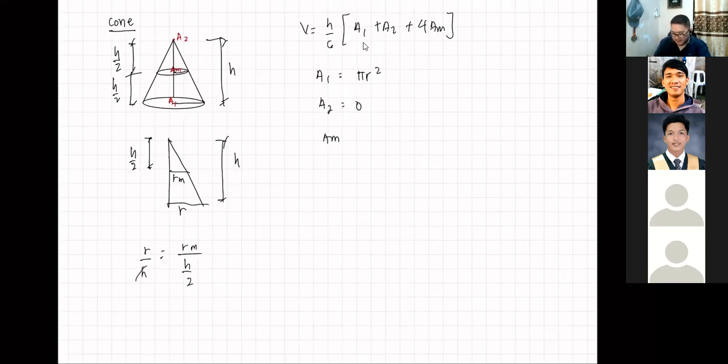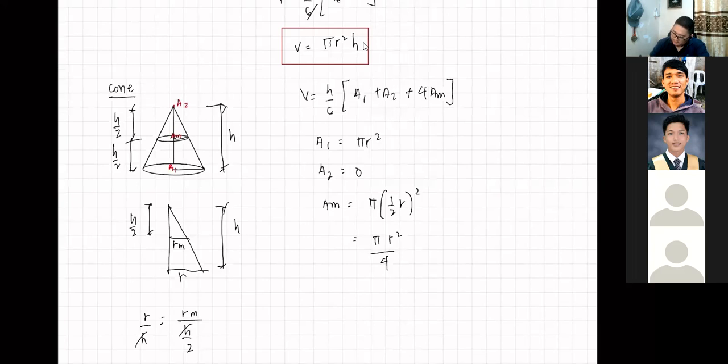So cancel natin yung H. We have R is equals to 2RM, o yung RM daw natin is equals sa 1/2 daw ng value ng radius. So yung area natin, since circle din yun, pi, then R natin is 1/2 R squared. So pi R squared over 4. So yun yung AM natin.